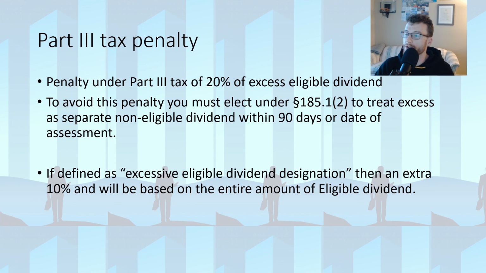However, going on from this, if you meet the definition of an excessive eligible dividend designation, see again Section 89 Part 1, this is when the eligible dividends are paid and the calculation for the transaction of GRIP has been done to artificially maintain or increase GRIP, or to artificially maintain or decrease LRIP, then this is seen as a tax avoidance and is defined as an excessive eligible dividend designation, and an extra 10% will be applied.